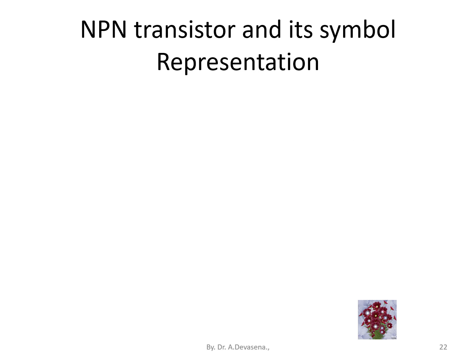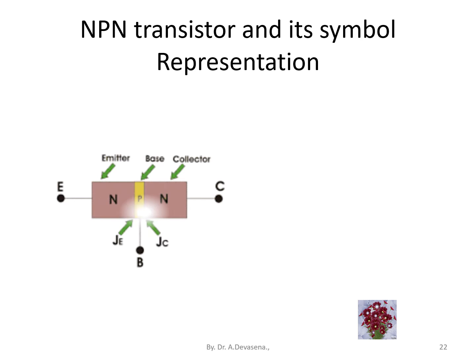NPN transistor and its symbol representation is shown below. Here is a representation of an NPN transistor. The NPN transistor has three terminals: emitter, base, and collector. The emitter terminal is made up of N region, the base terminal is made up of P region, and the collector terminal is made up of N region.